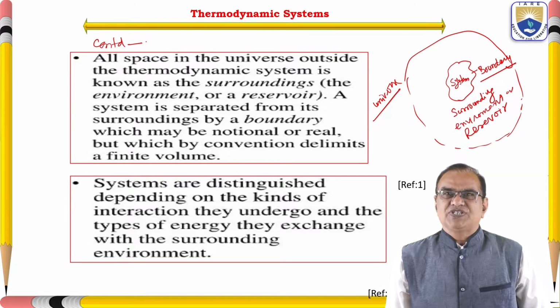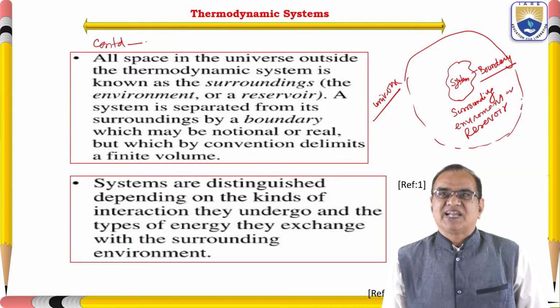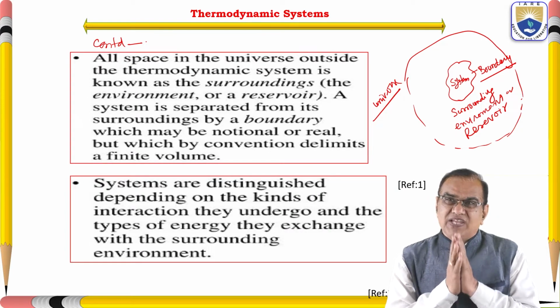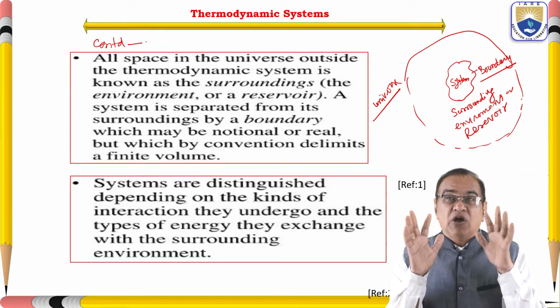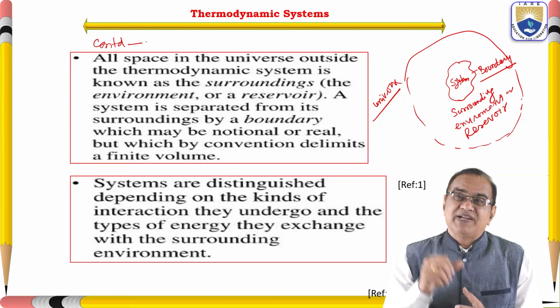Systems are distinguished depending on the kinds of interaction they undergo and the types of energy they exchange with the surrounding environment. So we have to distinguish the system very carefully when we take any laws and where we implement these laws.